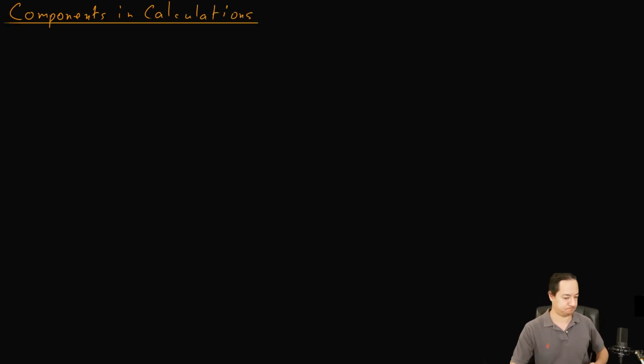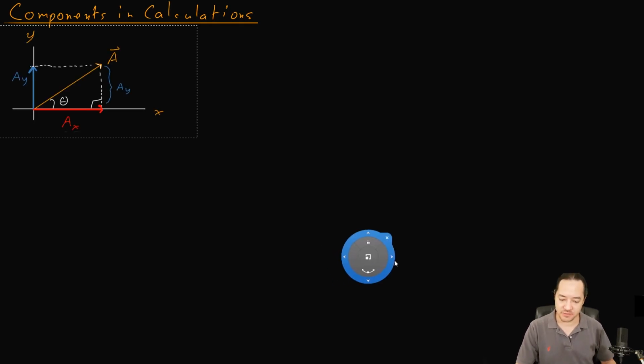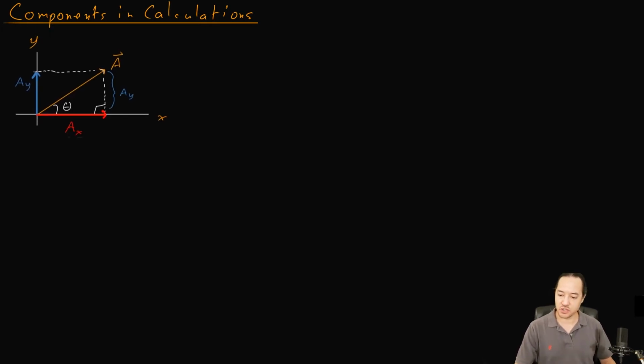Okay, so now we're going to see how we can use these components in calculations. Now I'm going to bring back this little graph that we drew before with the components and this vector A because it is beautiful. Now, what can we do with this? Well, if we have the components, we can treat this like the exercise that we did in the previous class, and that is we can use these components to reconstruct vector A as well as its magnitude and direction.